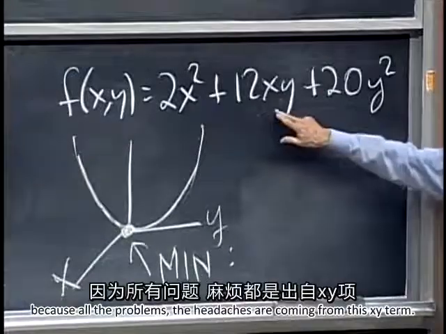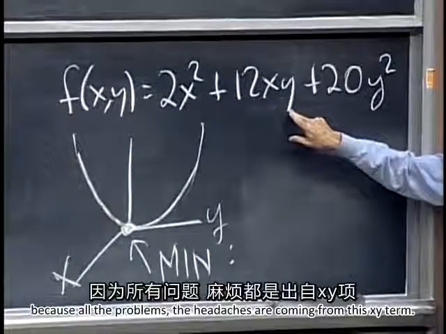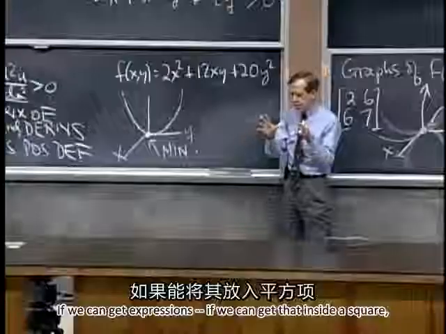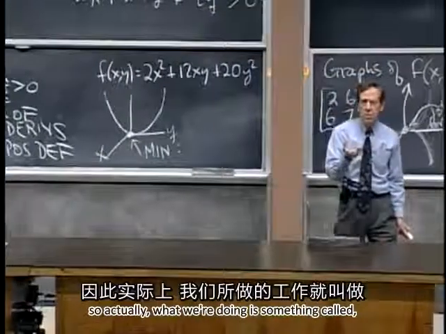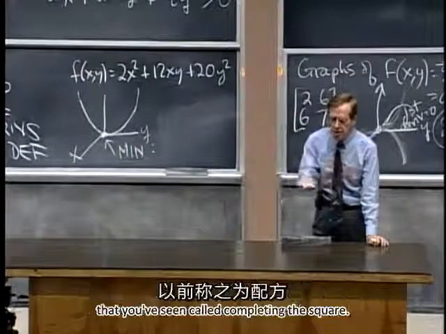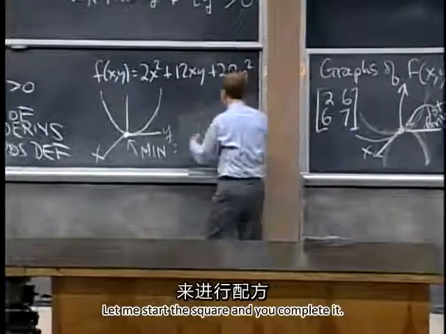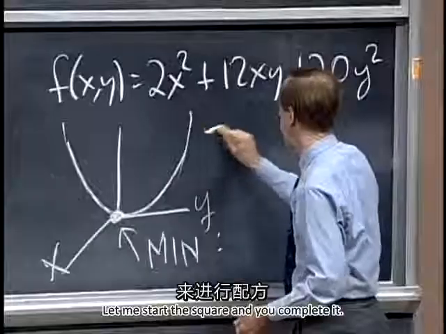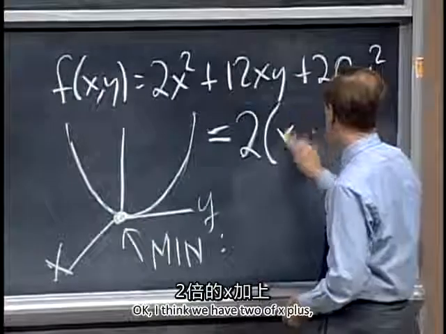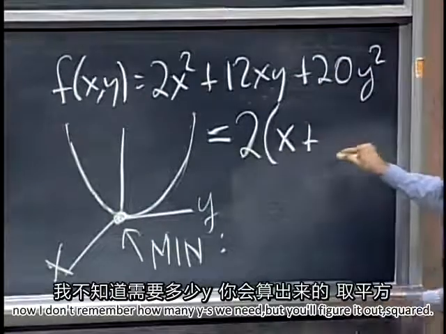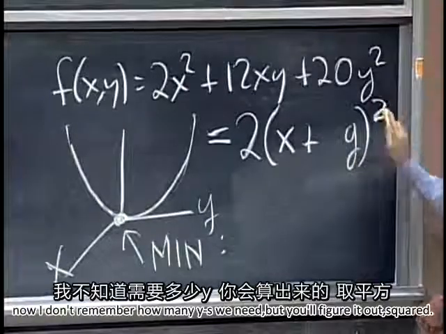See, all the headaches are coming from this xy term. If we can get that inside a square. So actually, what we're doing is something you've seen called completing the square. Let me start the square and you complete it. Okay, I think we have 2 of x plus, now I don't know how many y's we need, but you'll figure it out, squared.